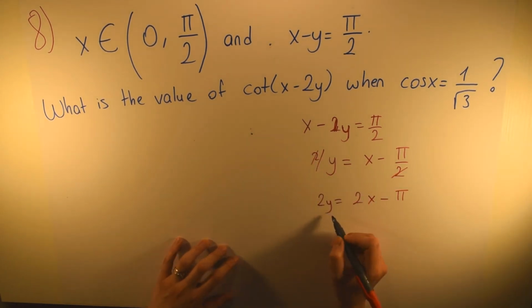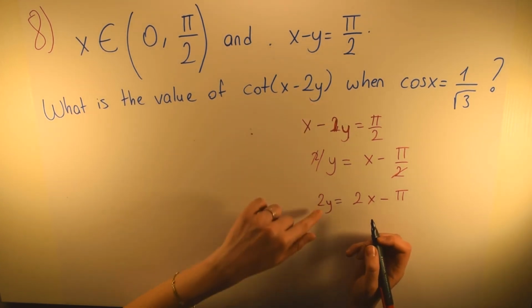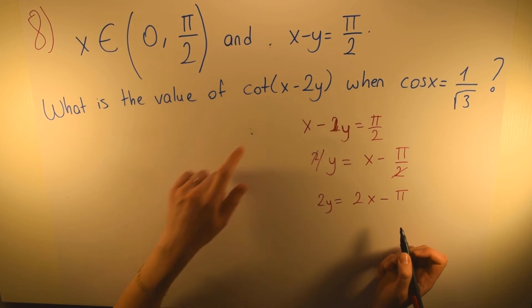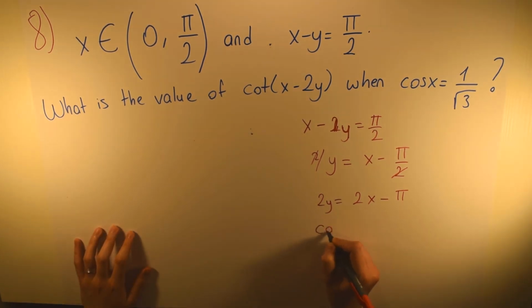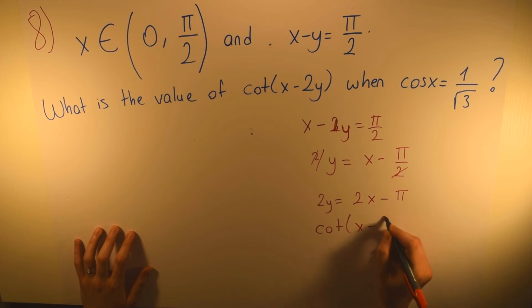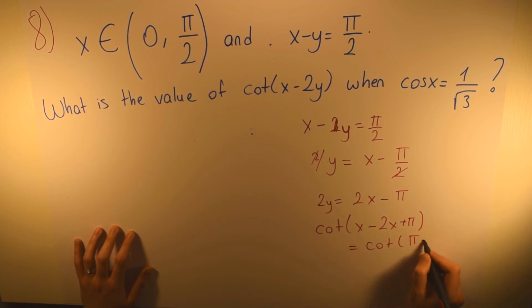So instead of 2y here, I can write 2x minus pi. So let's do that. It will become cotangent of x minus 2x plus pi, right? Which is equal to cotangent of pi minus x.